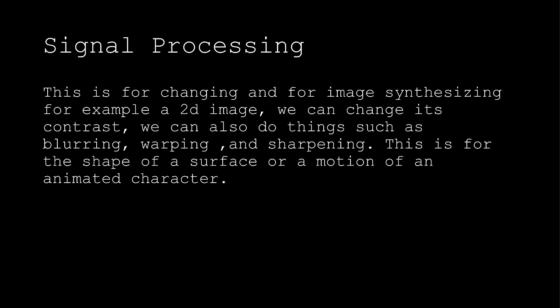This is for changing and for image synthesizing. For example, with a 2D image, we can change its contrast, and we can also do things such as blurring, warping, and sharpening the image. This is for the shape of a surface or a motion of an animated character as well.